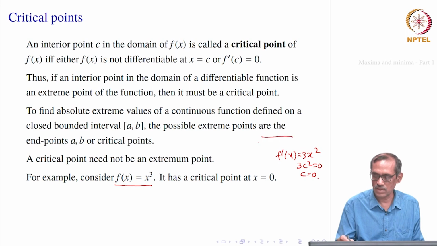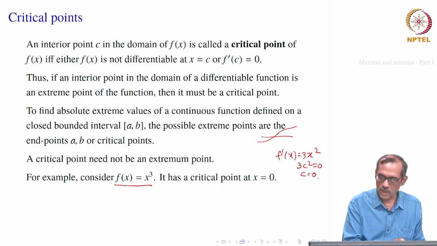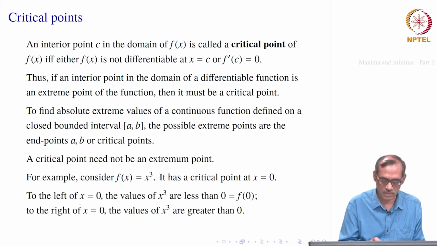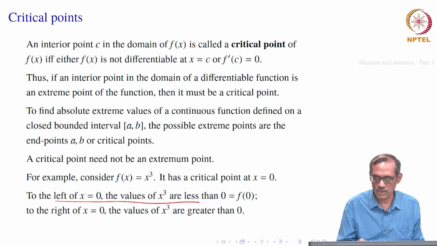You can see something like this, the graph of x cubed. Is that fine? So, what does it say? Why is it not so? Because we can find out to the left of x equal to 0, the values of x cubed are negative. So, they are less than 0, that is they are less than f of 0, right.